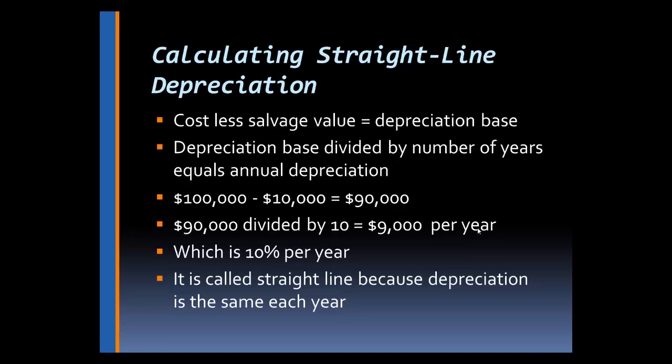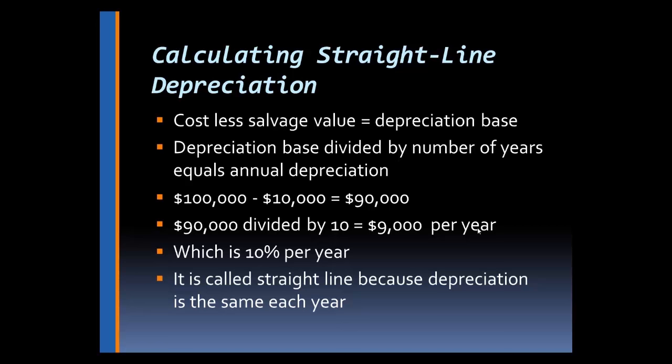Then we divide the depreciation base by the number of years to get the annual depreciation. Now, this may be handled on a monthly basis. For example, we might say that an asset has a 60-month life. So you take the asset base and divide by 60 months to get the monthly amount of depreciation that's going to be recorded.